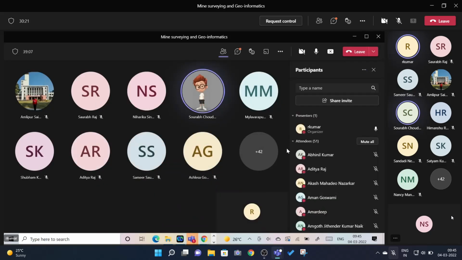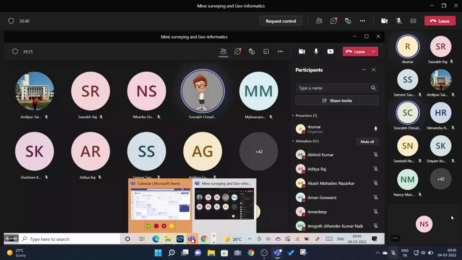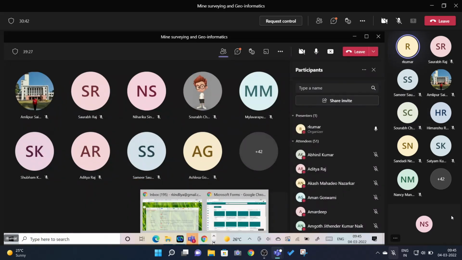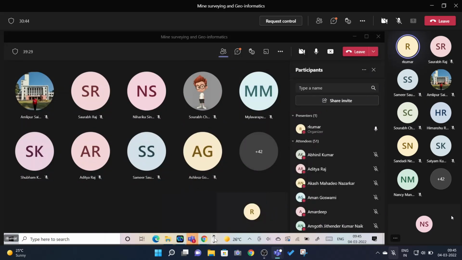Yes, sir, that round one. Okay, that round one. If it is on the left side of the observer, that is face left. If it is on the right side of the observer, that is called face right. We have done it like that, no? Yes, sir. Okay, good.